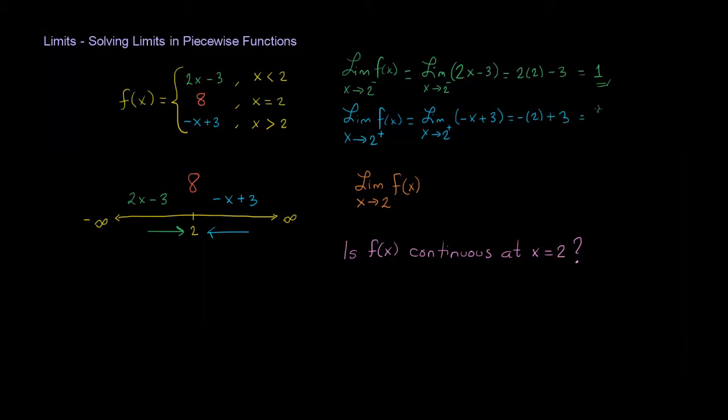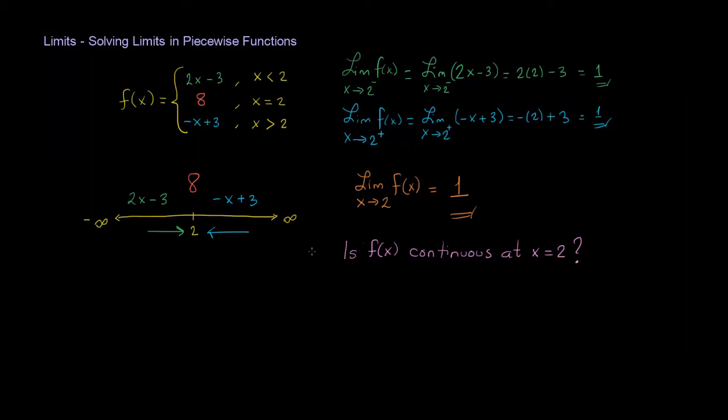This would be again the number 1. So 1 is the limit for f of x when x approaches 2 from the right. Now as they have the same value, we can say that the general limit for f of x when x approaches 2 is equal to 1. There, we just got nicely done with the first question.